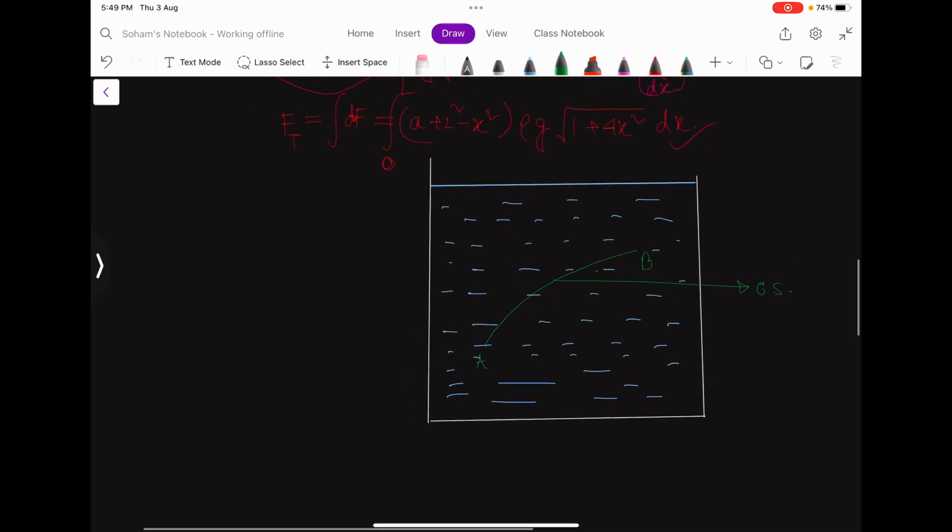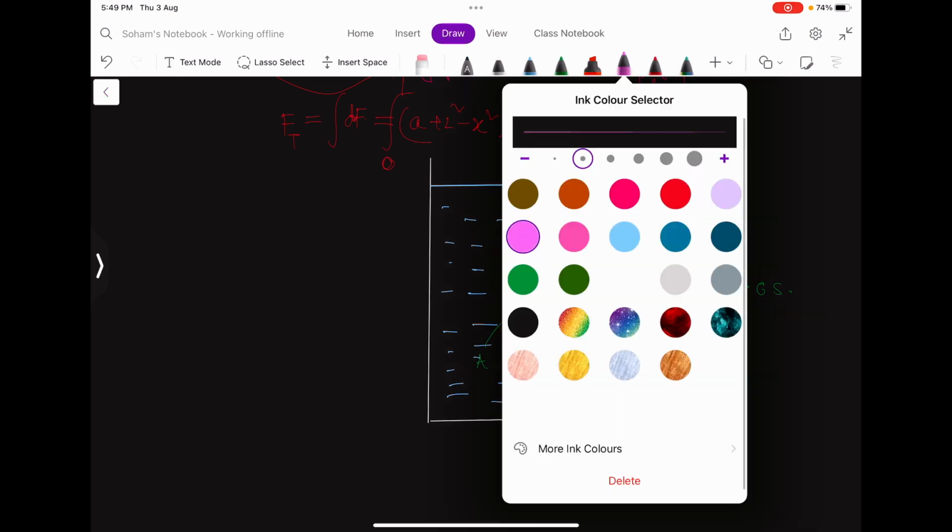First of all, let us apply the very basic Newton's law of motion on this.